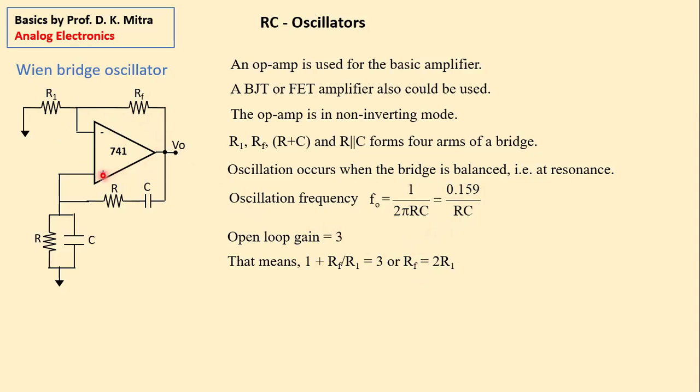And the gain of the non-inverting amplifier is 1 plus RF by R1, which is equal to 3. That means RF by R1 is equal to 2. That means RF equals 2R1. So you remember this relation and this relation. Just remember these two relations and the structure of the Wien-Bridge oscillator.